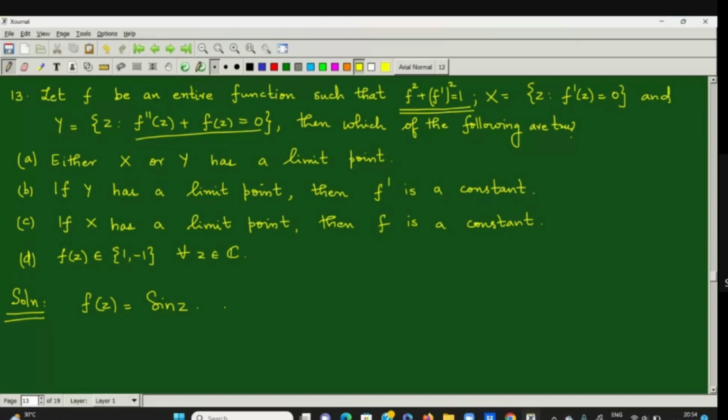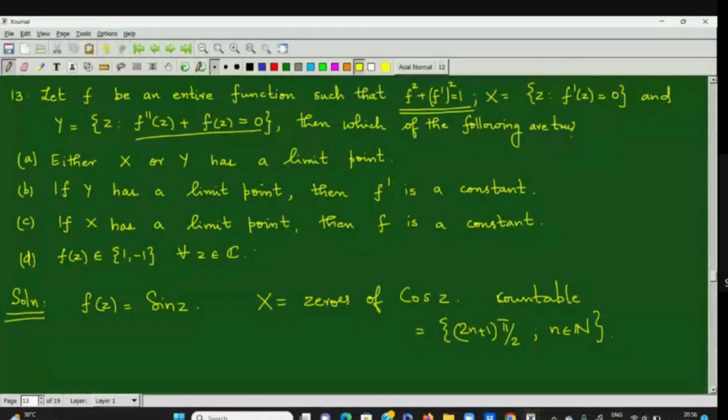Either X or Y is going to have a limit point; that we cannot conclude from this. If Y has a limit point, then f dash is sin z, so it is always 0.